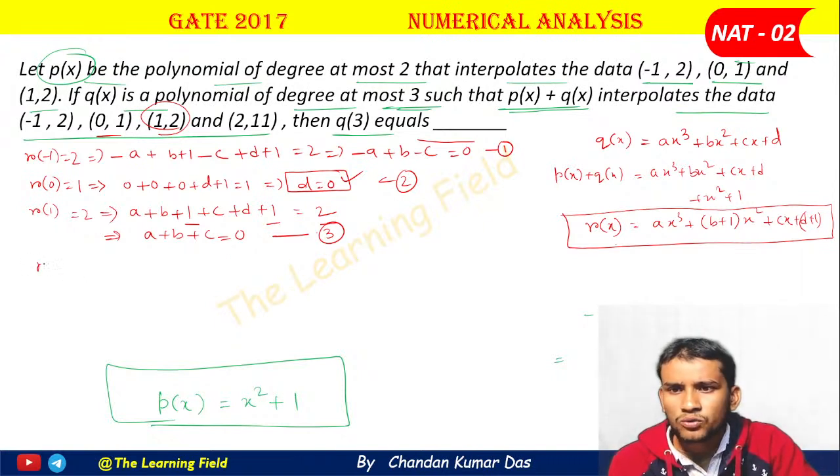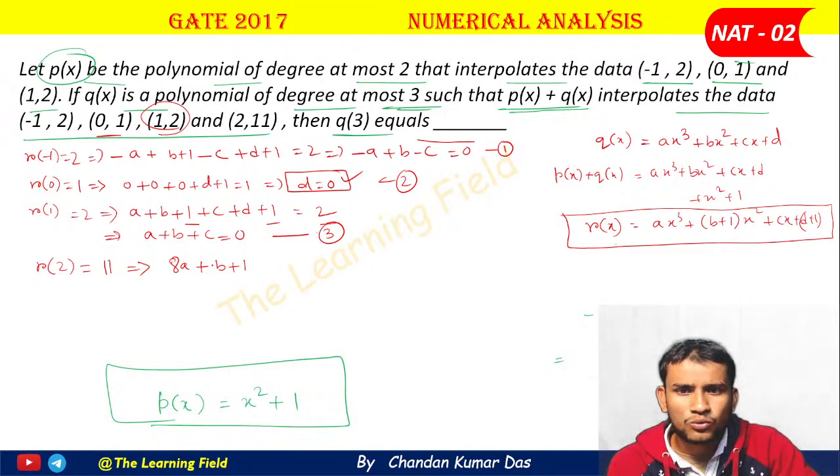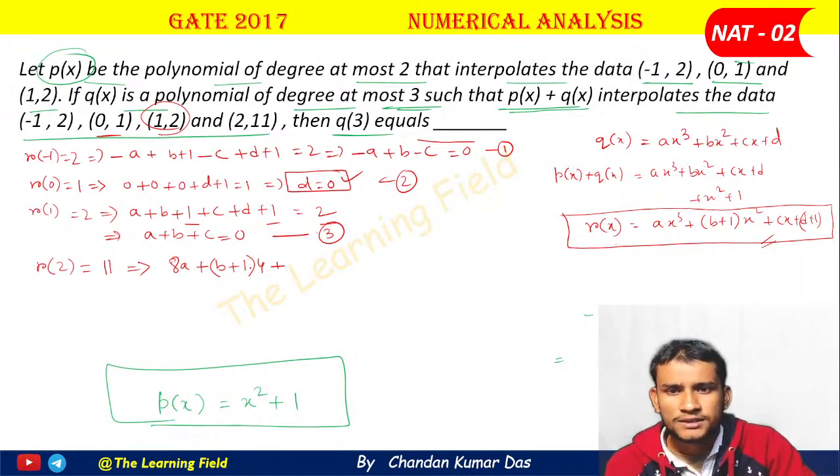Now R(2) is equal to 11. This gives 8a plus (b plus 1) into 4, 2 square means 4, plus 2c plus d plus 1, and this is equal to 11.